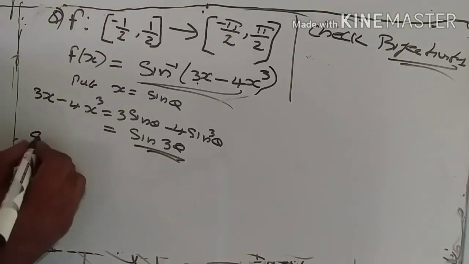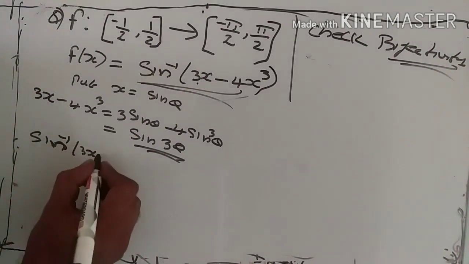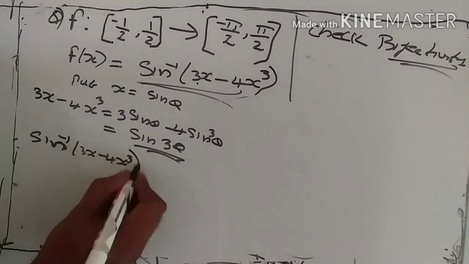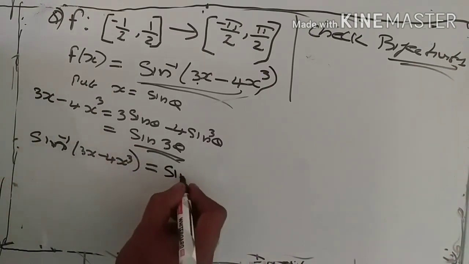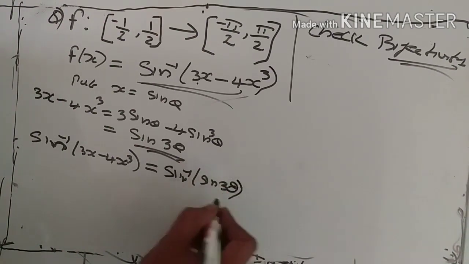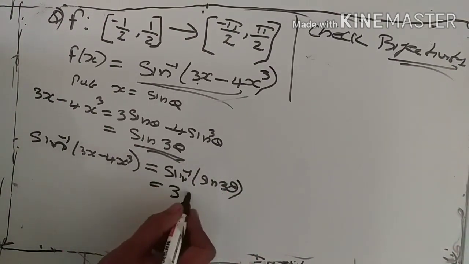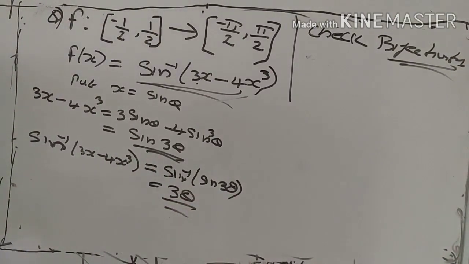So sine inverse of 3x minus 4x cube is equal to sine inverse of sin 3 theta, which is equal to 3 theta.